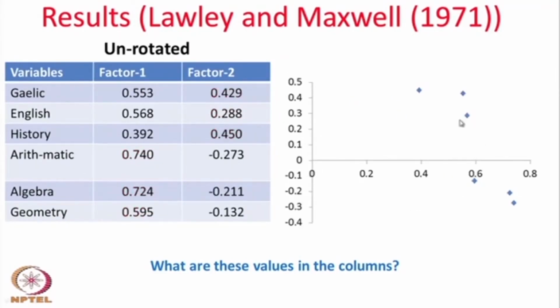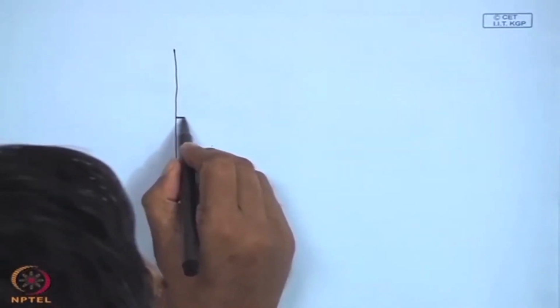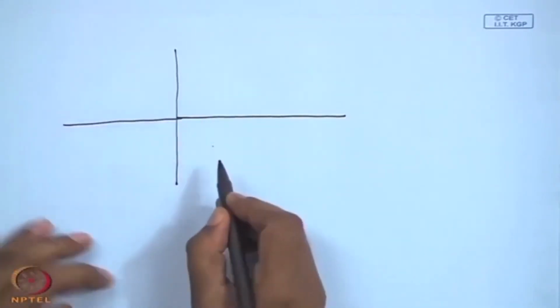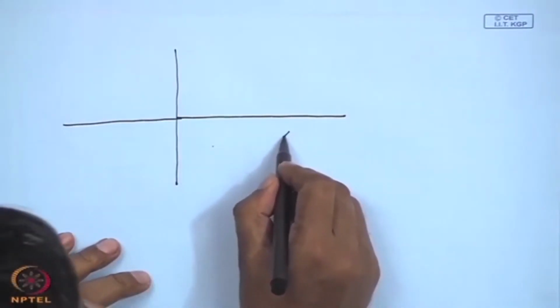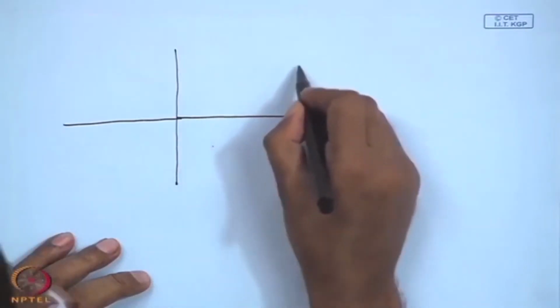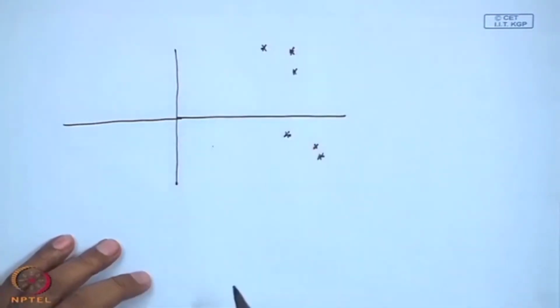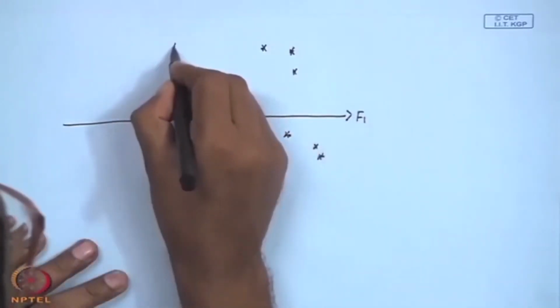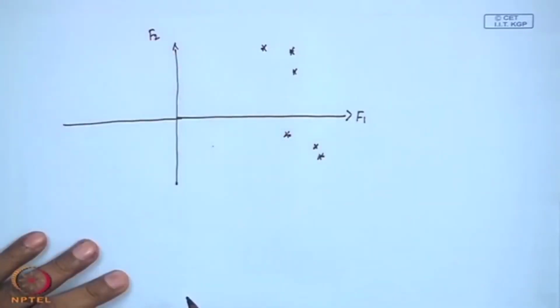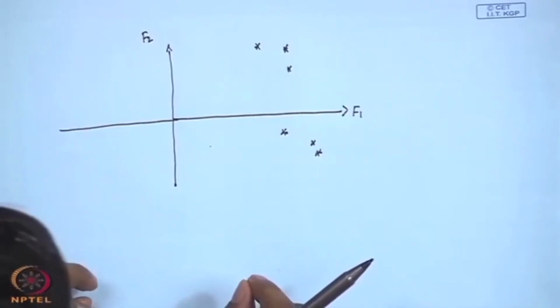Now let us see this again, and I will draw how it is possible. Our case is like this. This is my f1 and this one is f2. Now, let us do some manipulation.